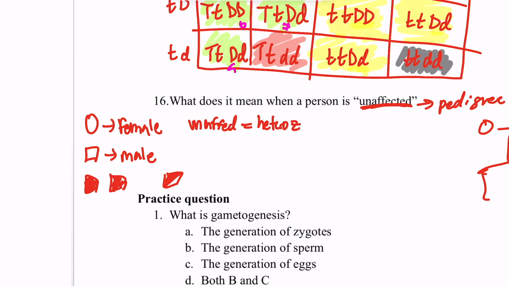Or the other term that they use is a carrier. So that's what you should look for. If it says unaffected, it means heterozygous. If it doesn't say unaffected, then it'll be called a carrier as opposed to affected, because it's carrying the gene. The box is half filled, but it's not affected. So this is the unaffected.